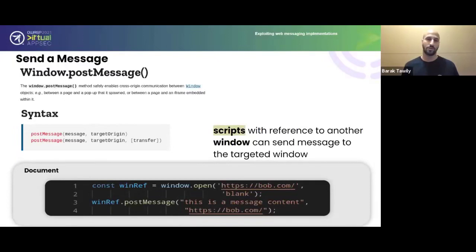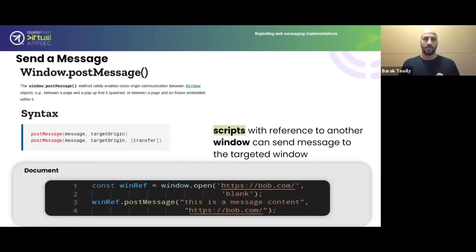The target origin allows us to explicitly declare which origin should receive this message. Then we can tell the browser, okay, this message needs to be sent to bob.com, and the browser will ensure that bob.com receives this.